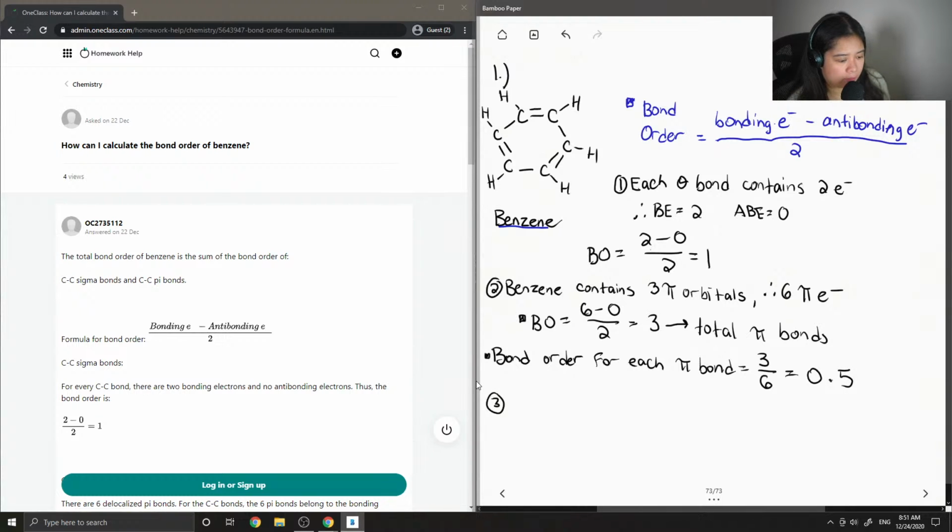And now, third part, I'll put it both together. So the total bond order for each carbon-carbon bond is 1 plus 0.5, which is 1.5.